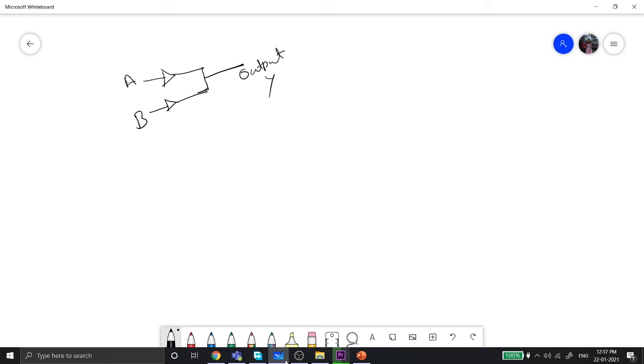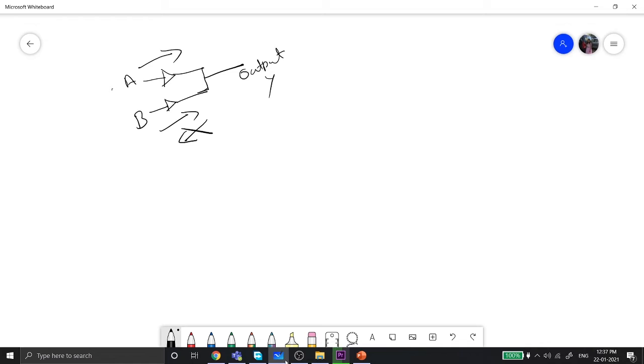A diode is something that allows current to flow in only one direction. That is, it can only flow in this direction, it won't flow in this direction. So that's a diode. So this is like the circuit diagram for the OR gate.